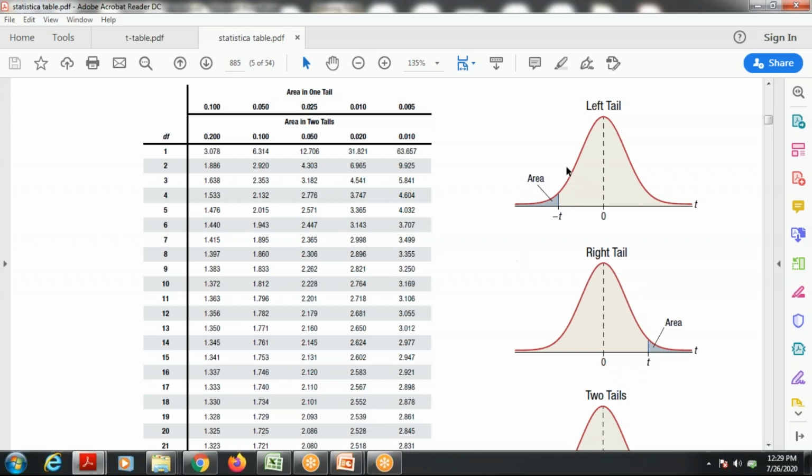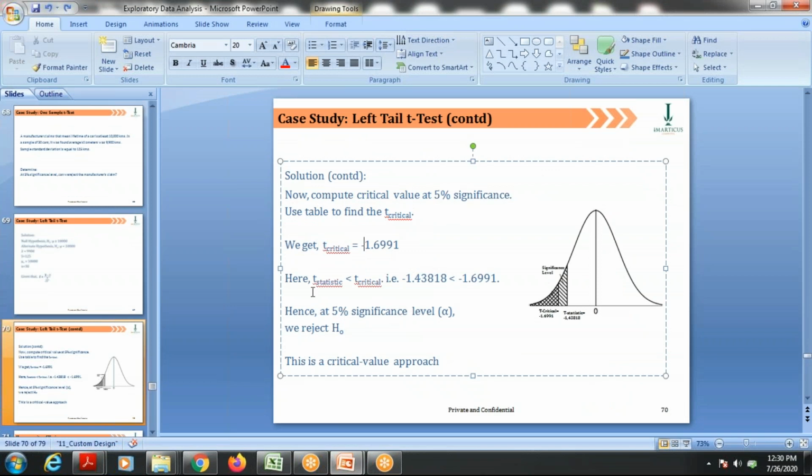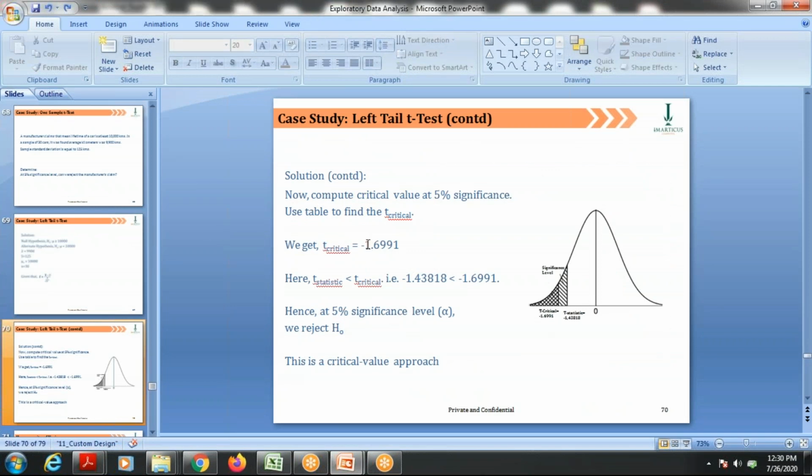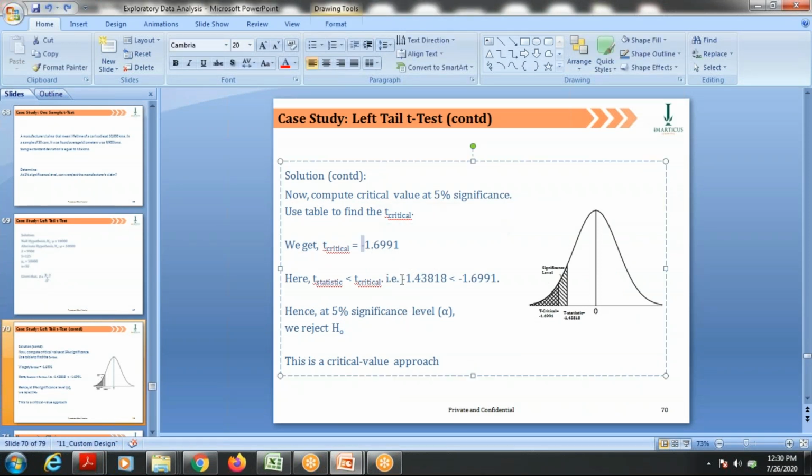Getting it? Look here, look at the symbol, what it's saying. It is saying that if it is going to be left tail, then this will become the negative T value. If it is going to be right tail, then that becomes a positive T value. And that was the reason that though we are checking for left tail, everything is written as negative.